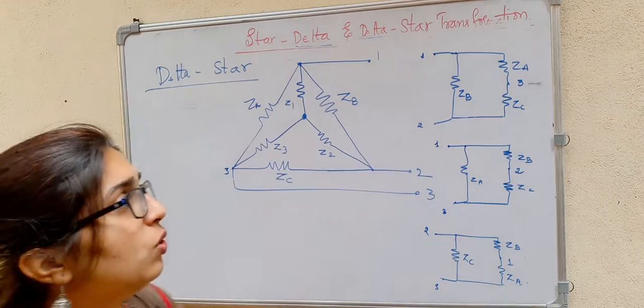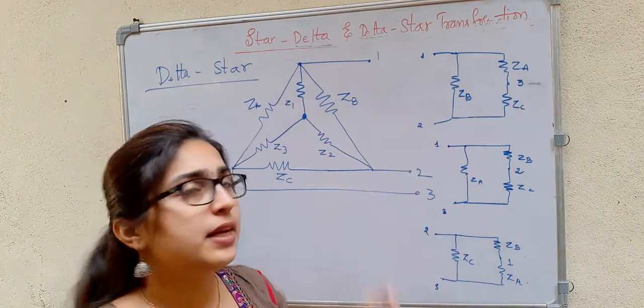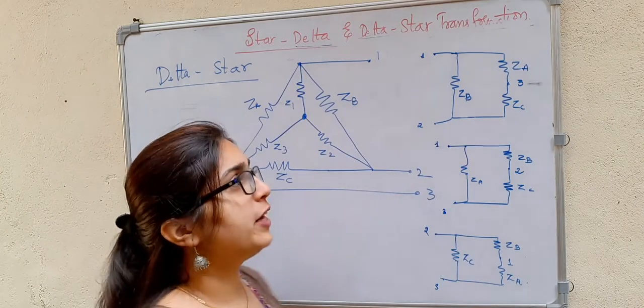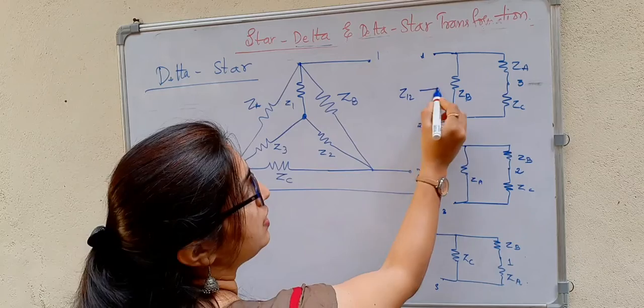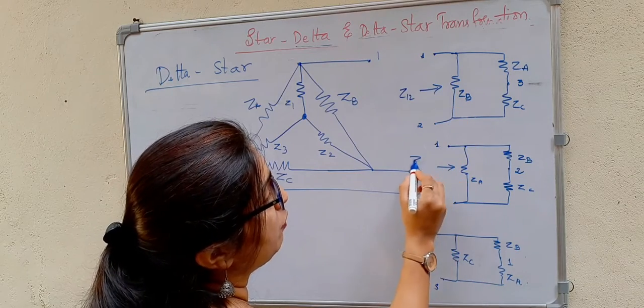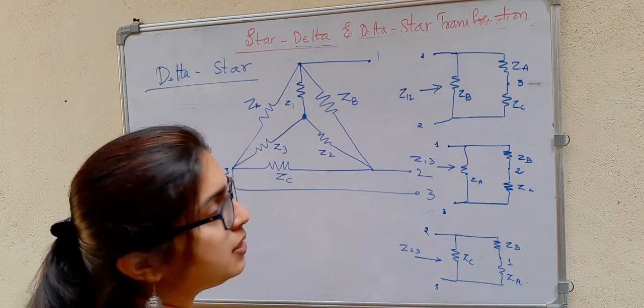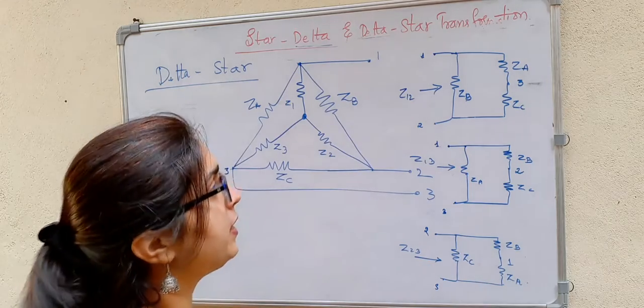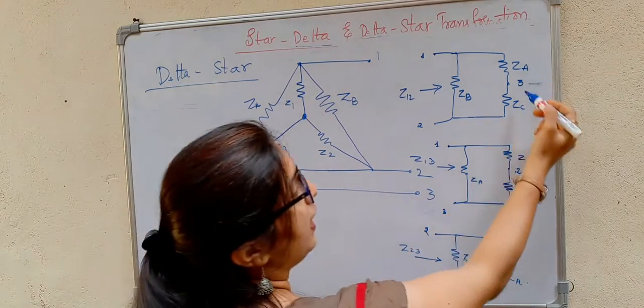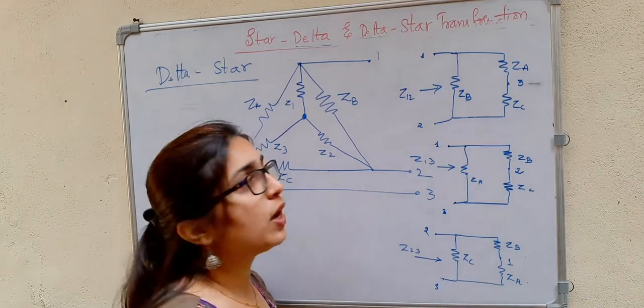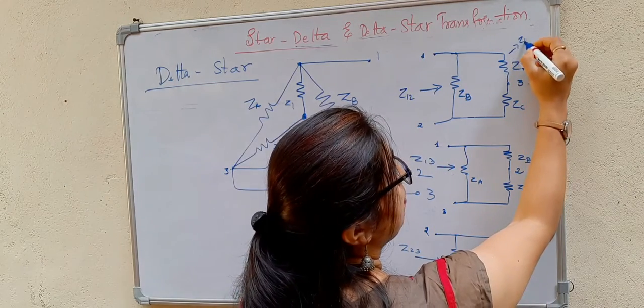So what will be the impedance here, Z12? Z12 is the impedance seen from here, Z13 from here, and Z23 from here. Those will be the impedances. You know ZA and ZC are in series, so I can write this as ZA plus ZC.